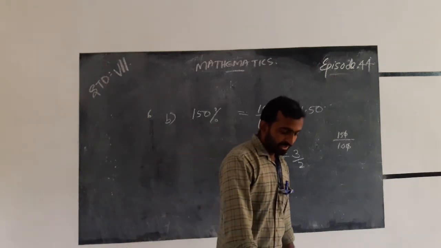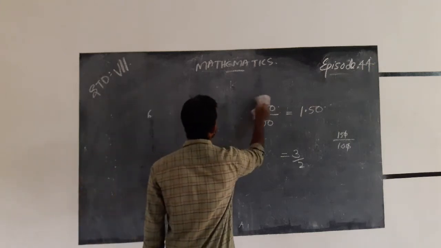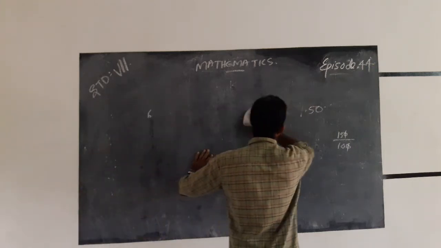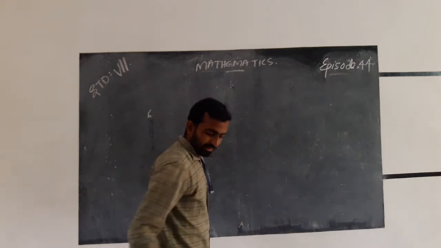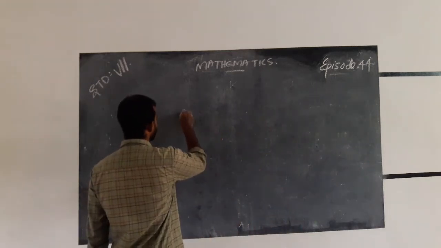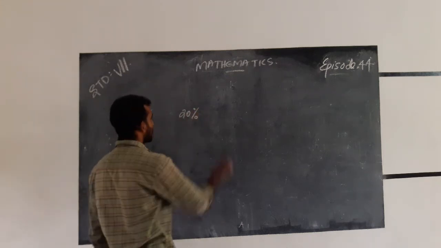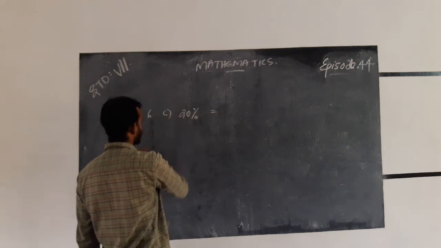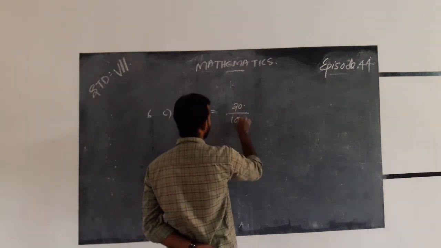And the third one is 20 percentage. We can write it as 20 by 100.